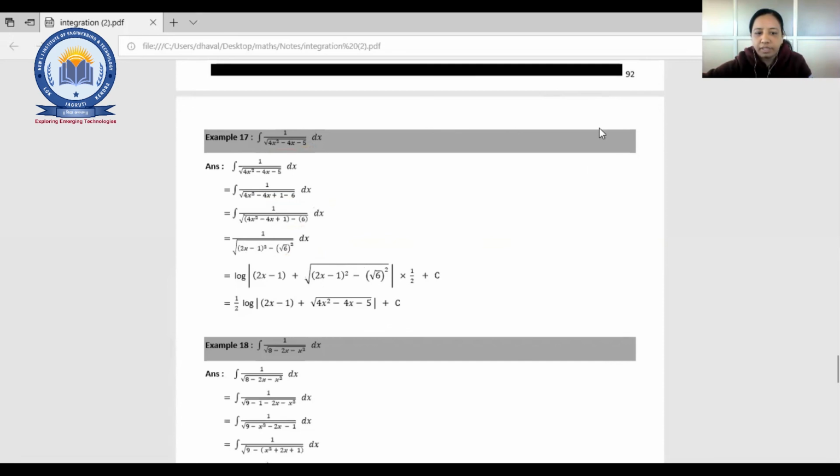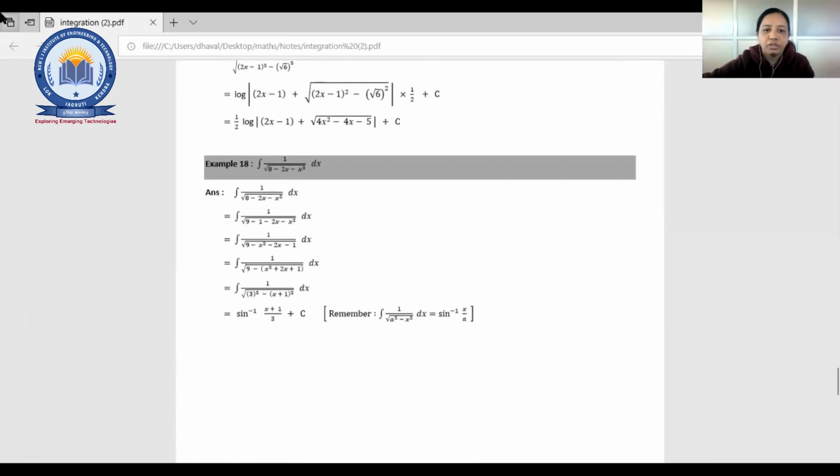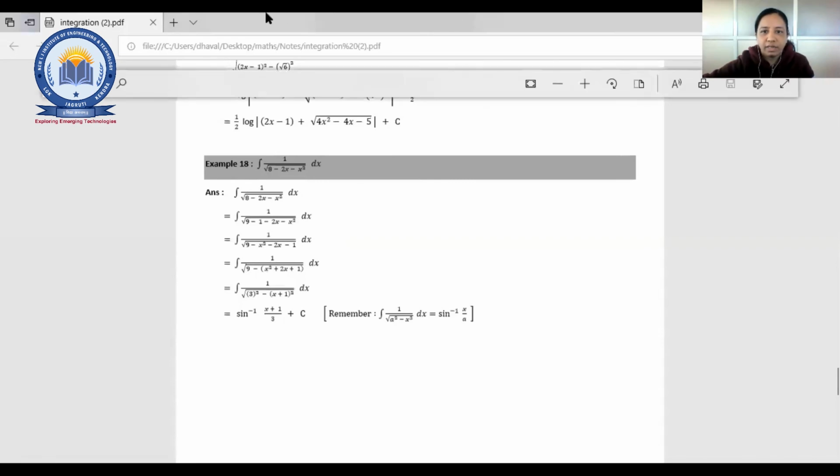The next example is 1 upon under root 8 minus 2x minus x square, right? In that one, we can write 9 minus... see, you can see that I want a square minus x square. So obviously I need to change the first term. The first term is supposed to be changed, 8 minus something, right?